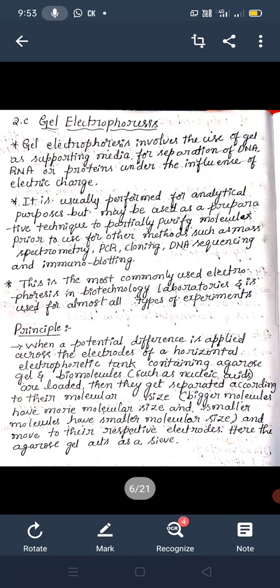It is usually performed for analytical purposes but may be used as a preparative technique to partially purify molecules prior to use in other methods such as mass spectrometry, PCR, cloning, DNA sequencing and immunoblotting. This is the most commonly used electrophoresis in biotechnology laboratories and is used for almost all types of experiments.